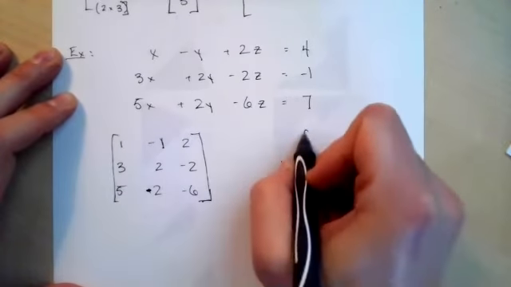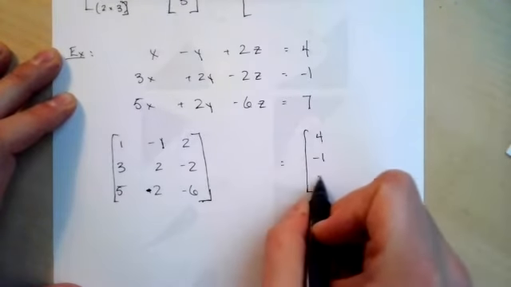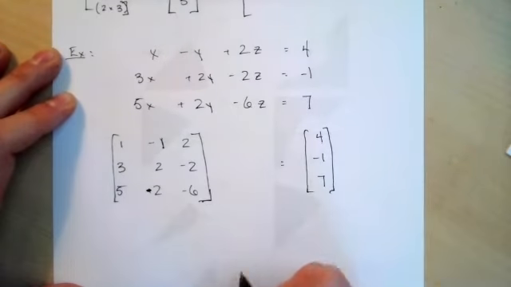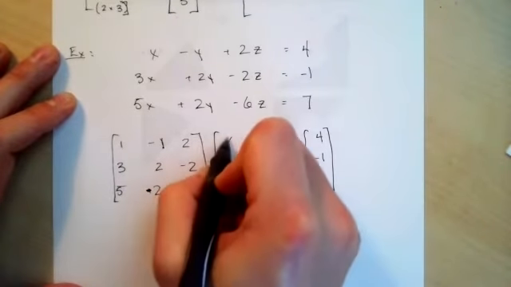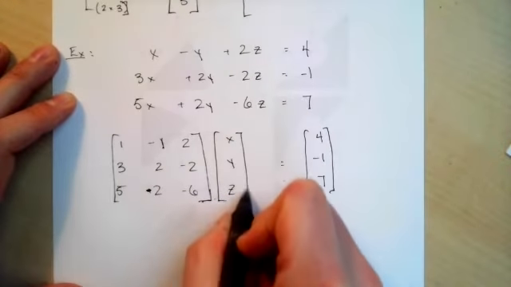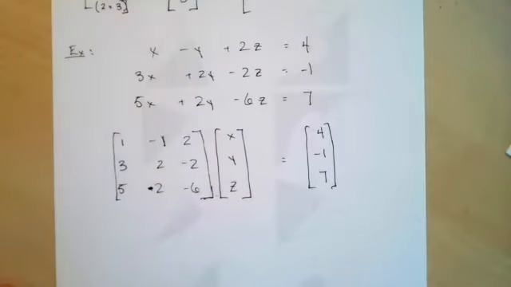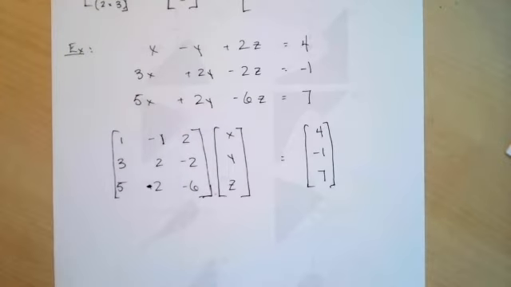On the other side, we are going to have our constant matrix. And what we can put here now is our matrix of variables. So we can represent systems of equations in a much nicer and more concise way with this matrix multiplication method.